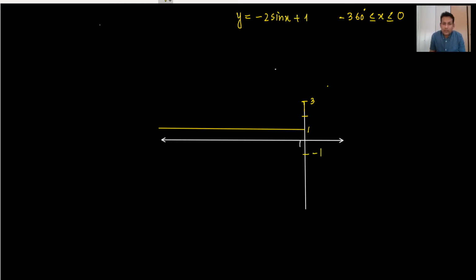And there are 4 marks here till -360 degrees, -180 degrees, 0. And 4 points. The first point is here, 1, 2. Oh, sorry. We have 1 here and this 2.